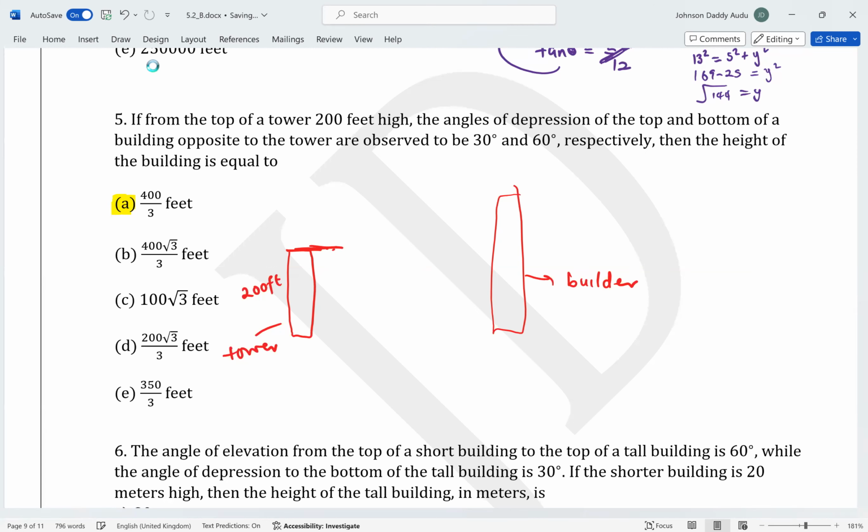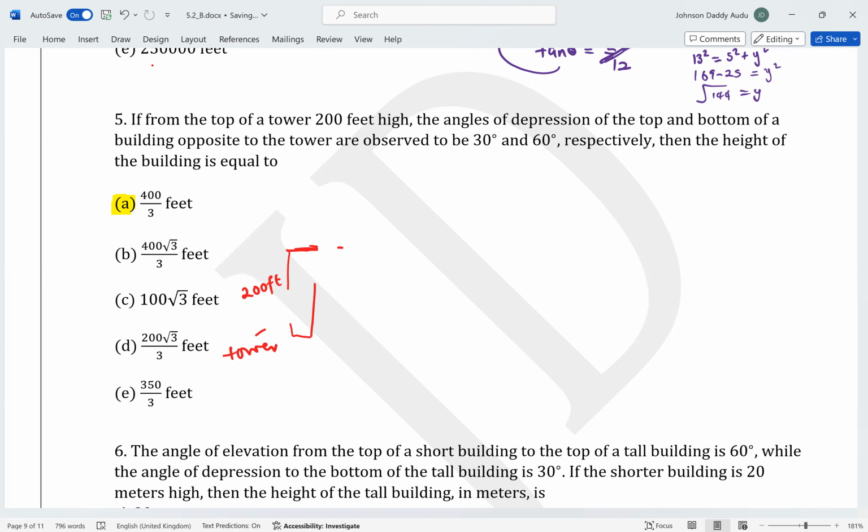We are told that the angles of depression of the top and bottom of a building opposite to the tower are 30 and 60. So definitely it means that the building is going to be smaller, right?